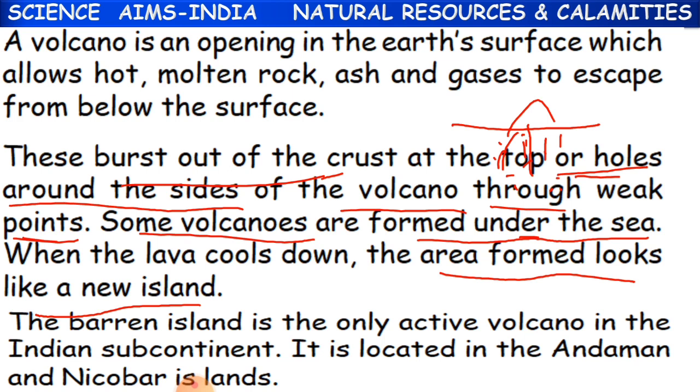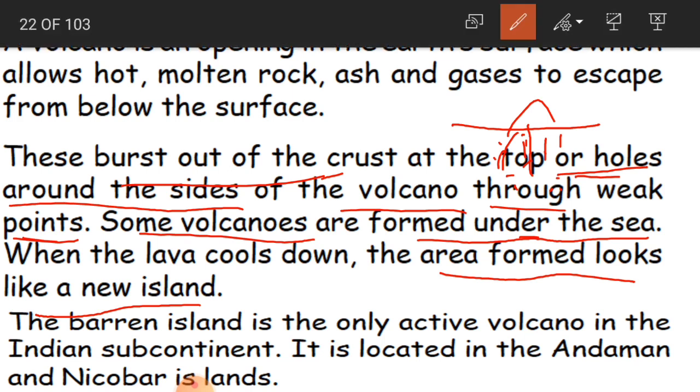Why do we call it melted? I told you that we have got hot liquids. That hot liquid is nothing but material melted because of the heat. So we have got that melted material which we call magma.